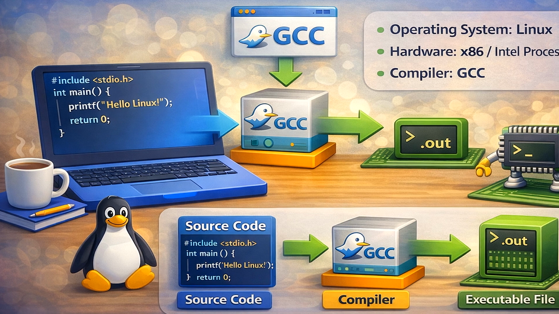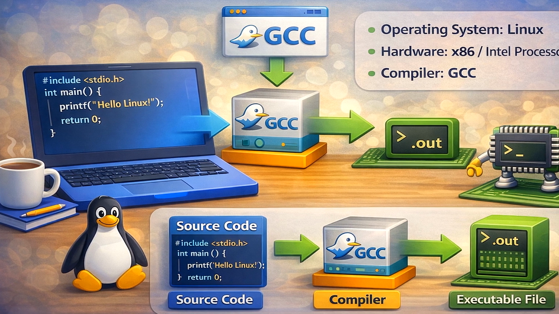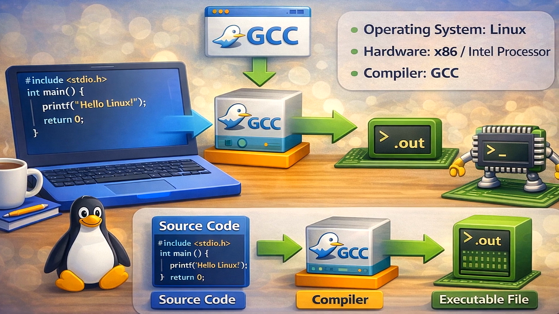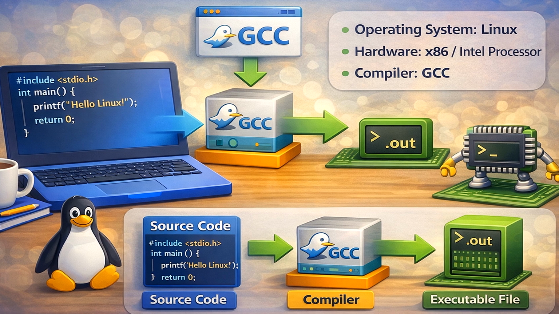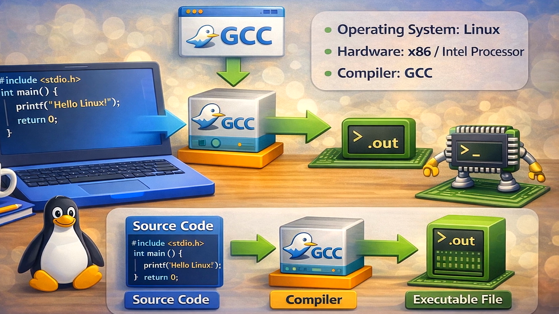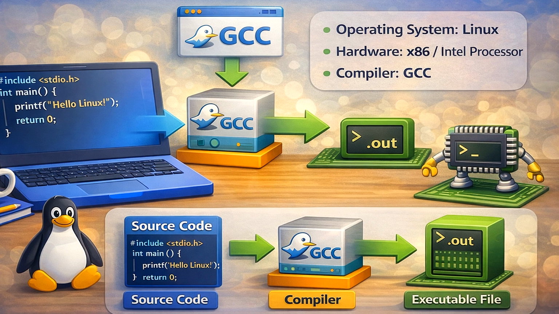Now let us connect this concept with a real system. Suppose you are working on a Linux machine. You write a C program, then you compile it using a compiler such as GCC. Your system may look like this. Operating system is Linux, hardware is x86 or Intel processor, and compiler is GCC.